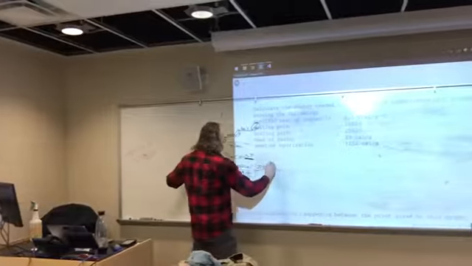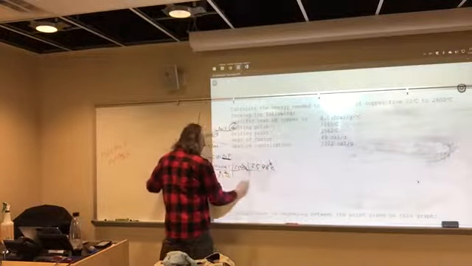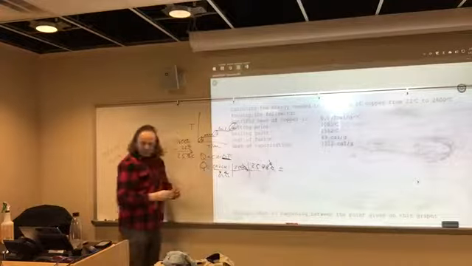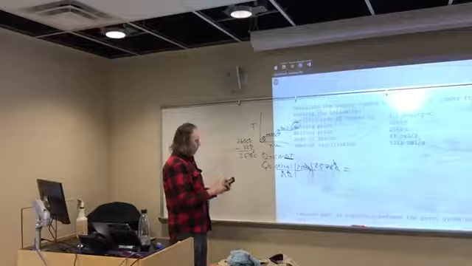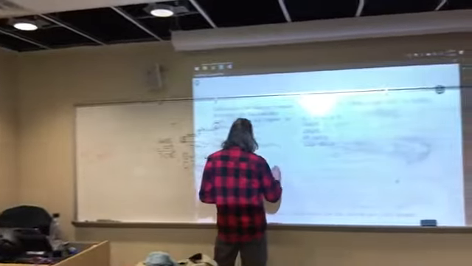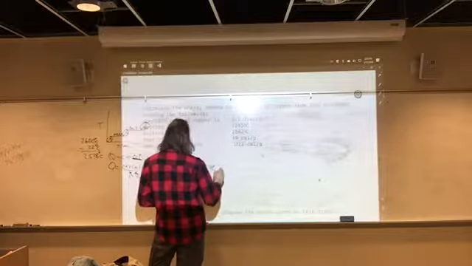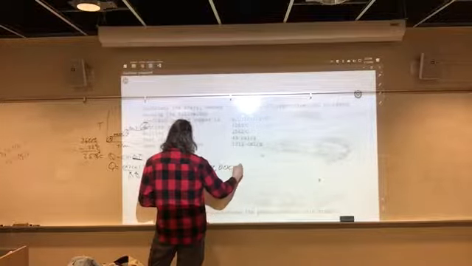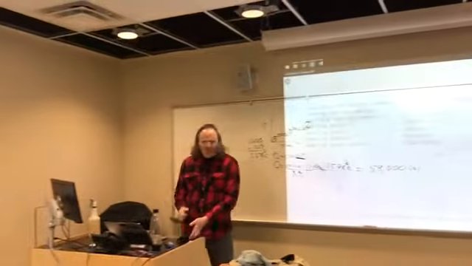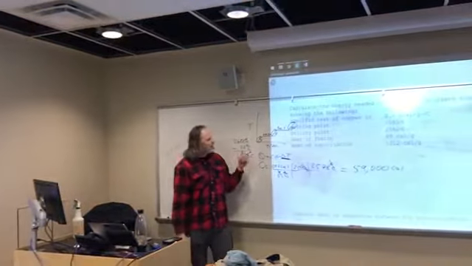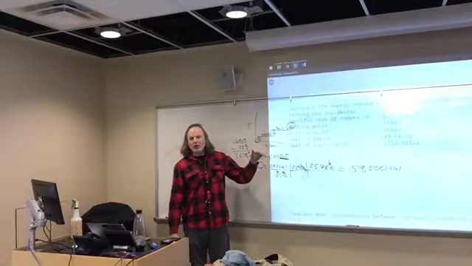So I'll throw 2,578 degrees C here, cancel out the degrees C, and I'm going to get a total heat of 59,000 something. We only have 2 sig figs, so 59,000 will be fine. Calories.